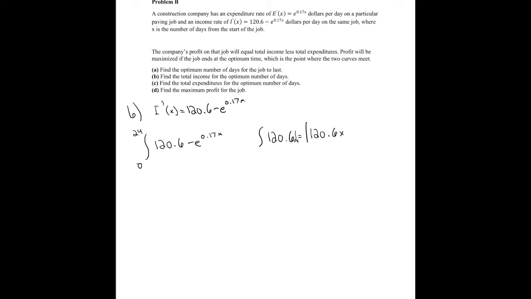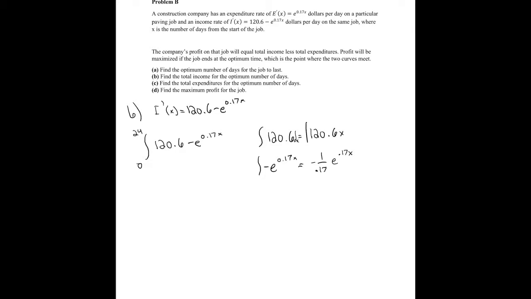And now we're going to use the exponential rule for antiderivatives, which is 1 over a times e^(ax). So in this case, it will be 1 over 0.17 times e^(0.17x), multiplied by -1. So -1 over 0.17 times e^(0.17x).